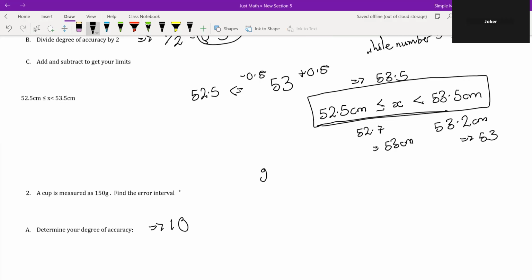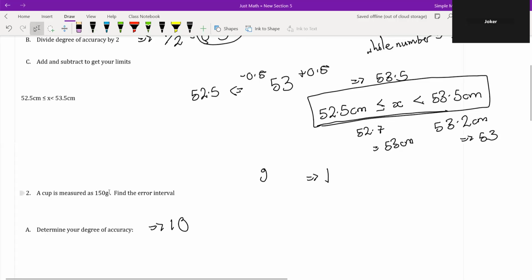Most of the time they will give it, but if they don't, it's most likely the nearest whole number, which means your degree of accuracy is going to be 1. That's only if they don't give it.